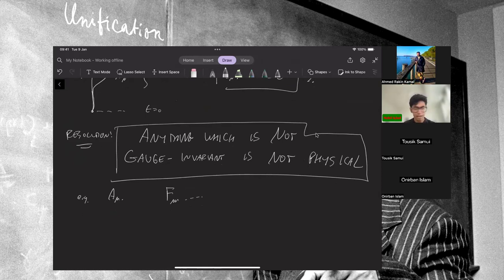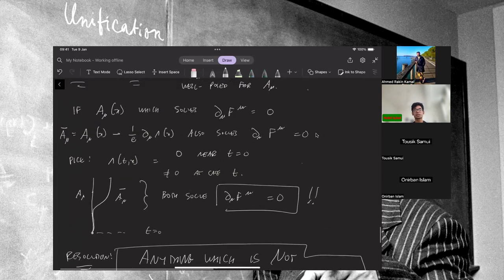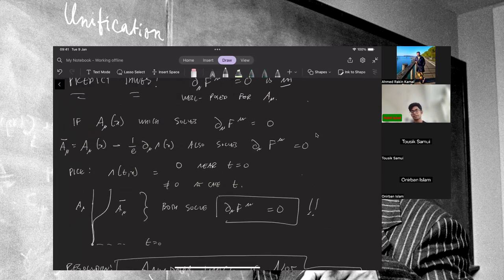All right. So there's a question. Intuitively, why exclude non-gauge invariant fields from being real? Intuitively, it's really just because if it's not gauge invariant, we don't know how to solve for its time dependence. For example, A mu is not gauge invariant, and I can't even tell you what it will do at later times.